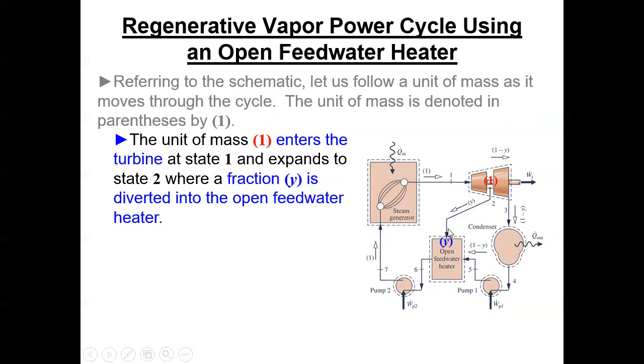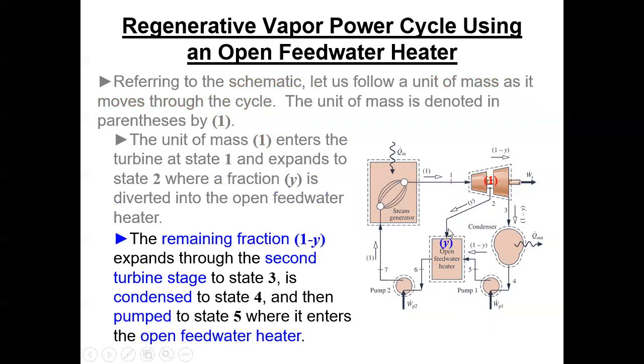And so we get that down there. And then the remaining 1 minus y expands through the second turbine stage to 3, is then condensed to 4 and pumped to 5, where it enters the open feedwater heater.